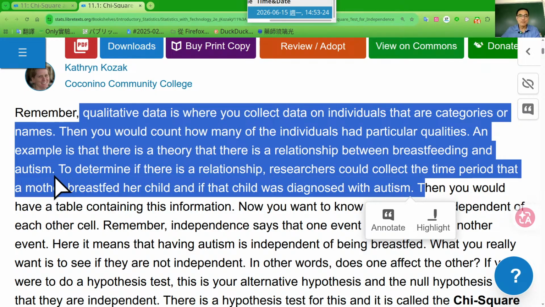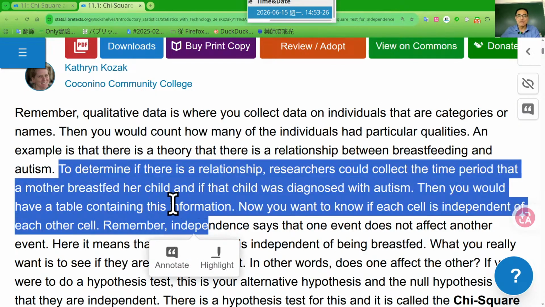To determine whether there is a relationship, researchers could collect the time period that a mother breastfed her child, and whether that child was diagnosed with autism, and then you will have a table containing this information.